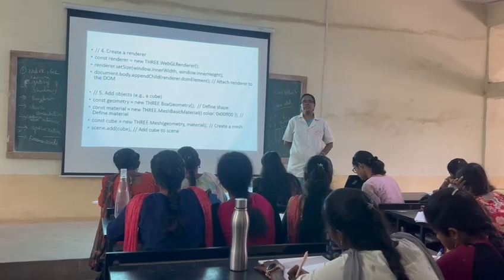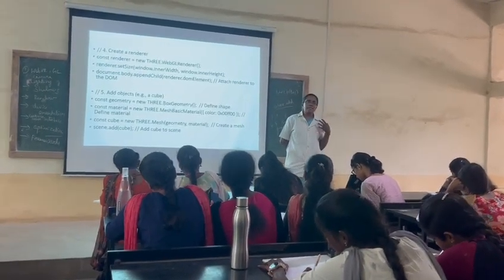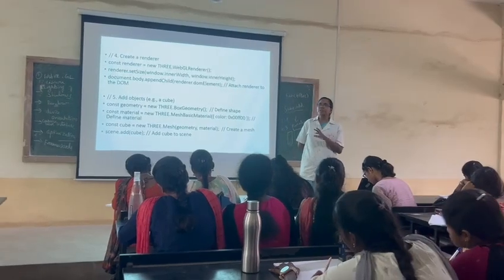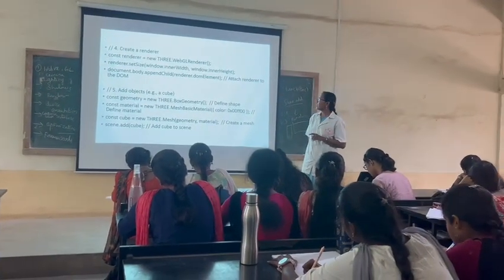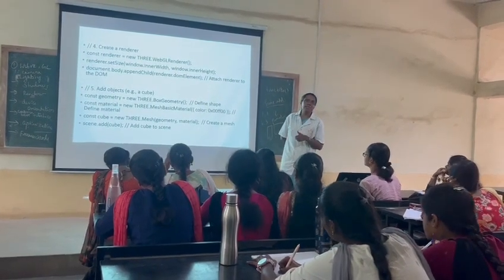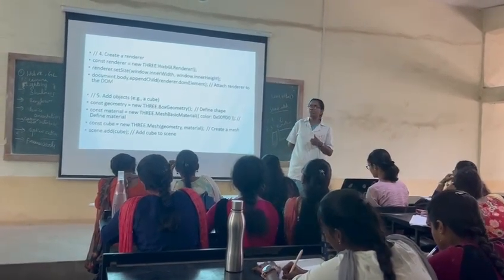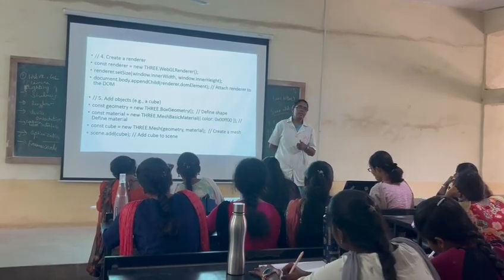Renderer is a device or object which is used to create a virtual scenery in the display unit. That is the renderer. Same way as we saw, here also we set the renderer size, what will be the aspect ratio for the display unit.